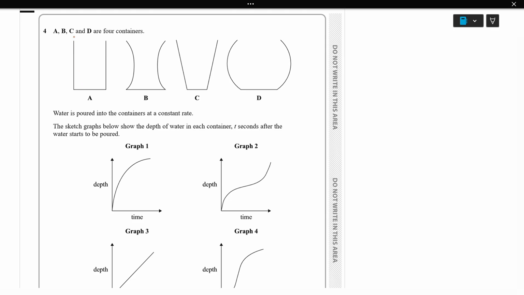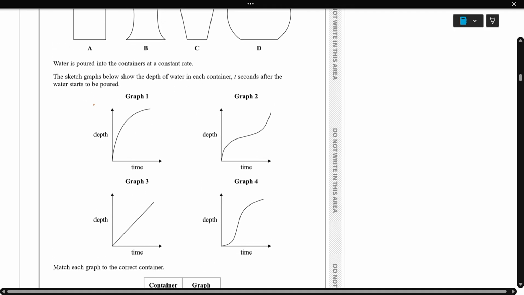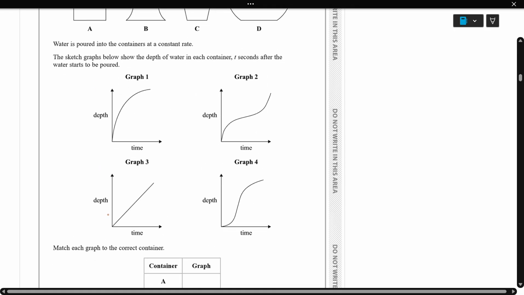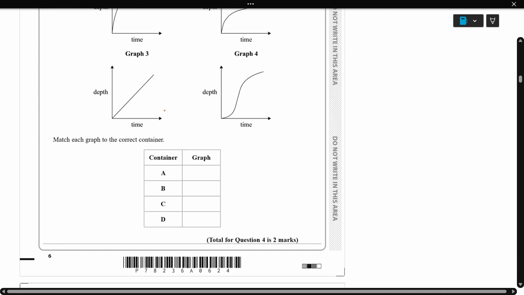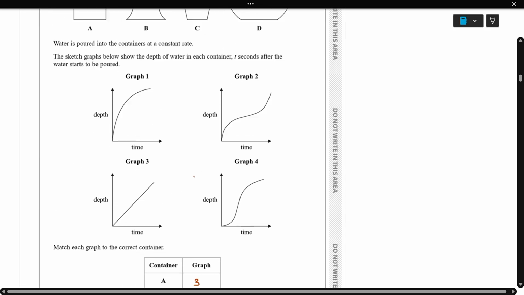For the first one, the water will fill in a linear way, as there is no curve and the container has equal width, so the depth will increase in a linear graph. So the first one is obviously graph 3, as it is linear. So container A is graph 3.